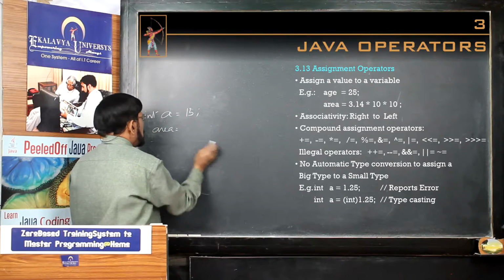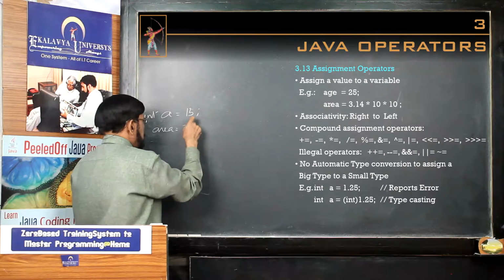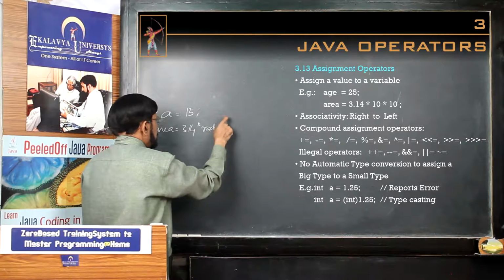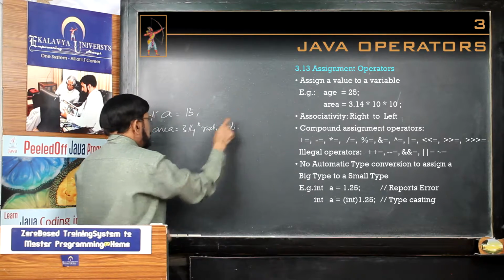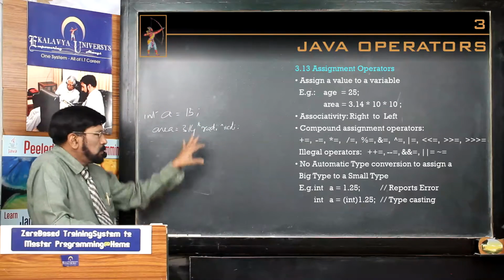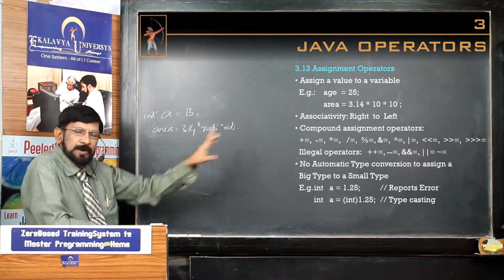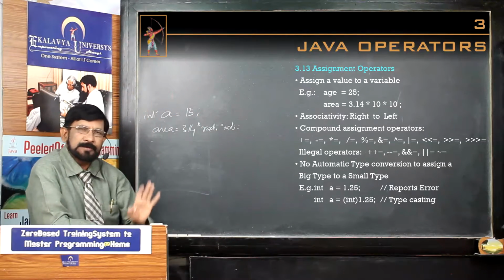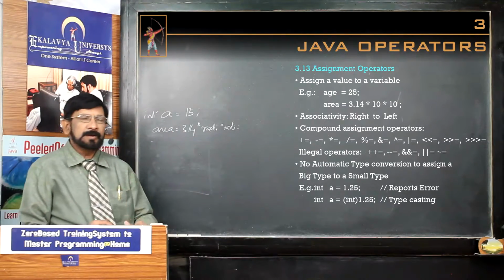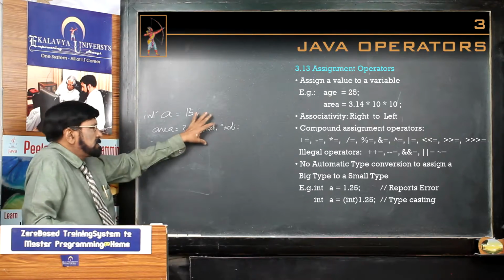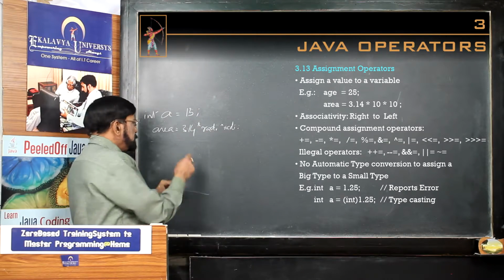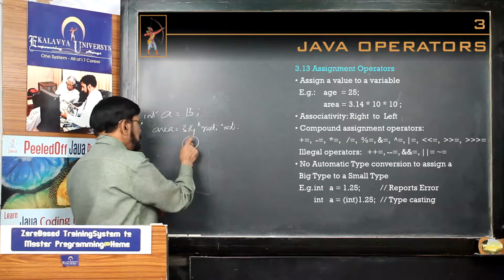Area is equal to 3.14 into radi into radi. Like that, any expression is right. It may contain 100 elements also. There is no limit on the elements. Any big expression you write, that is first evaluated. In the evaluation, the compiler automatically takes into consideration operator precedence and associativity. You need not worry about that. And all that is made as a single value.